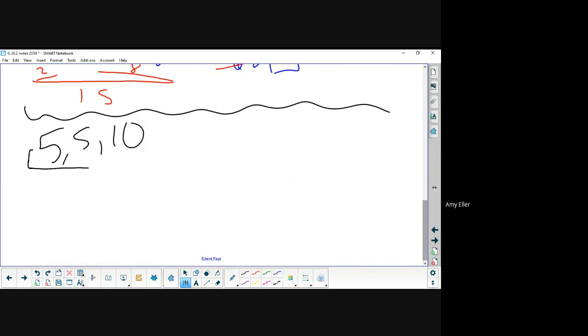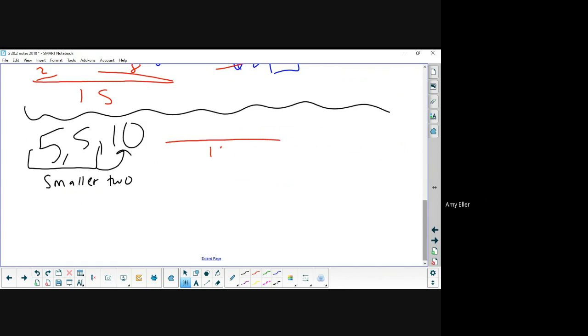So these two, the smaller two, have to be bigger than the third. I would write that down. The smaller two together or added have to be bigger than the largest.